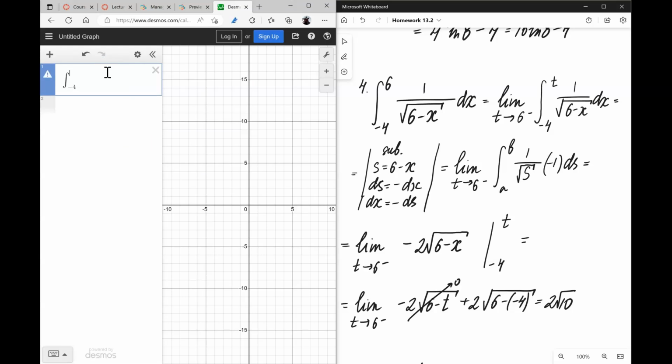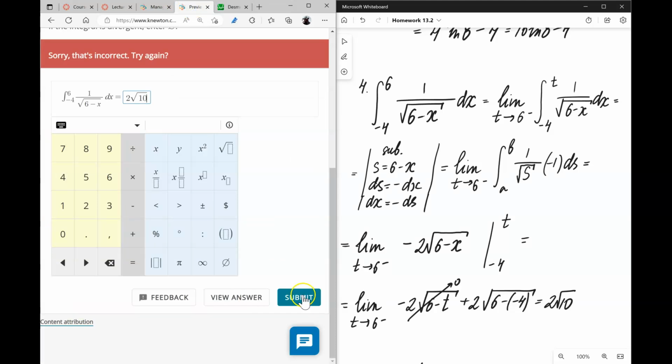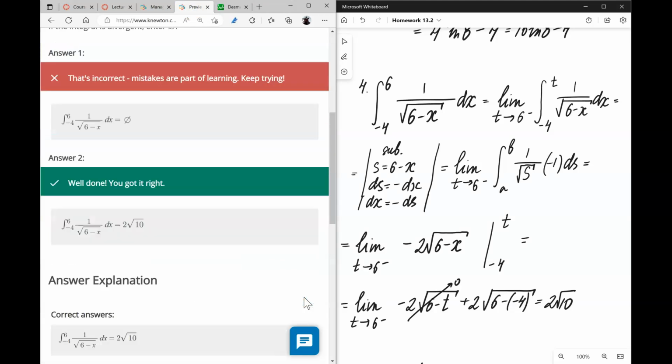Integral from -4 to 6 of 1 over square root of 6 minus x dx. So it seems like it converges. We just need to make sure it converges to what we think it converges. And it does appear so. So I'm pretty sure that this answer is correct.